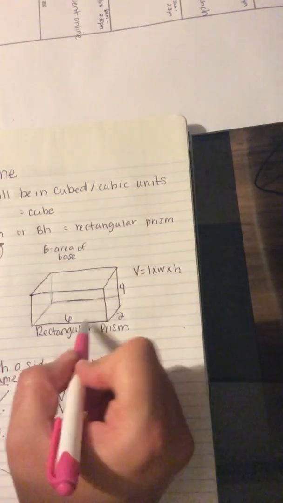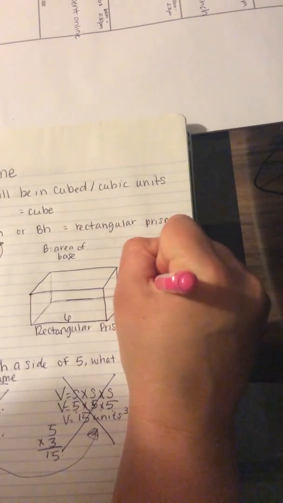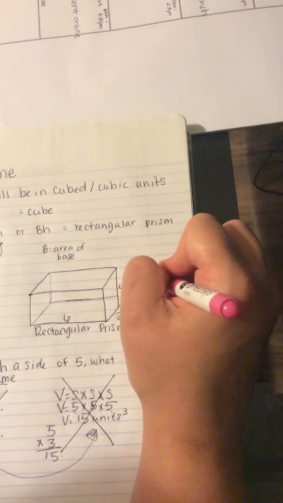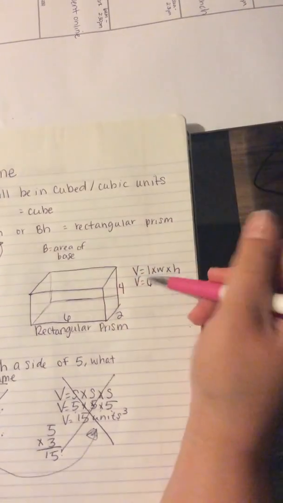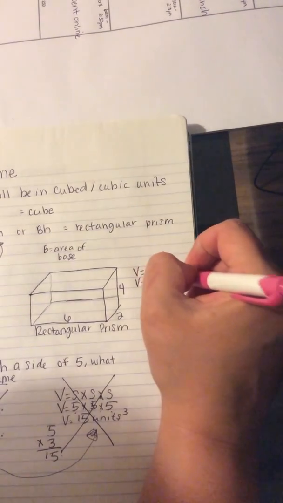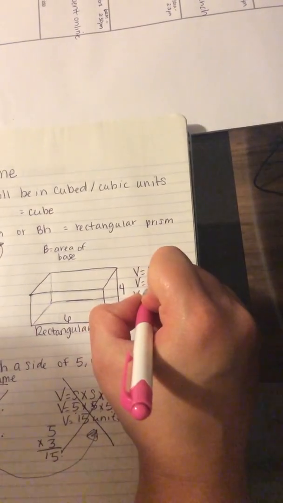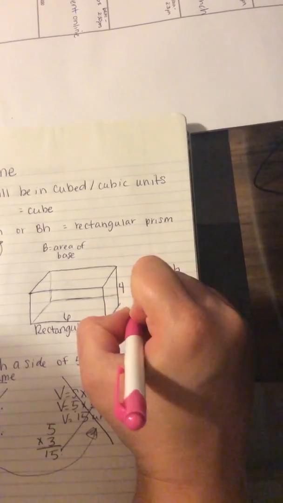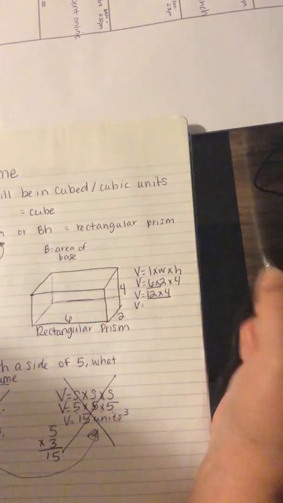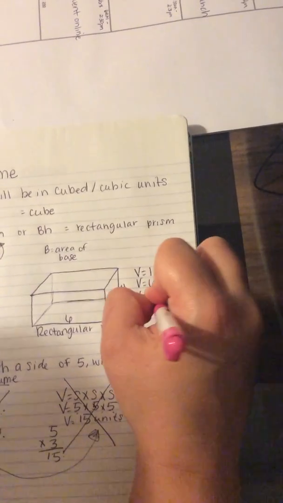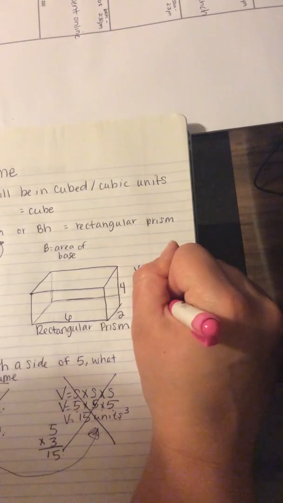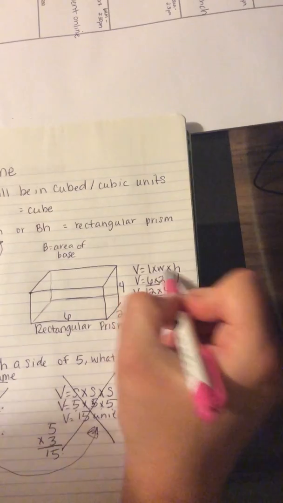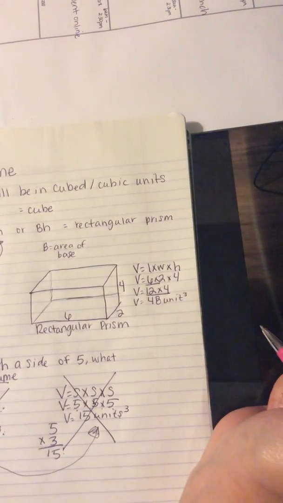My length is 6, so I'm plugging in 6 for L. My width is 2, so I'm plugging in 2 for W. My height is 4, so I'm plugging in 4 for H. 6 times 2 is 12. Bring down my times 4. 12 times 4 is 48. Then I have to label it units cubed. I multiplied 3 edges together, so it is cubed.